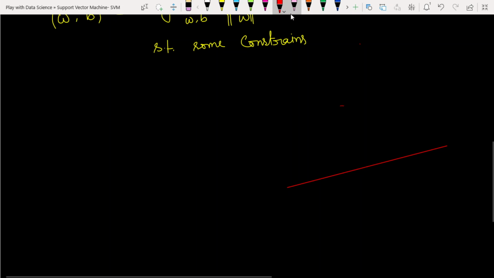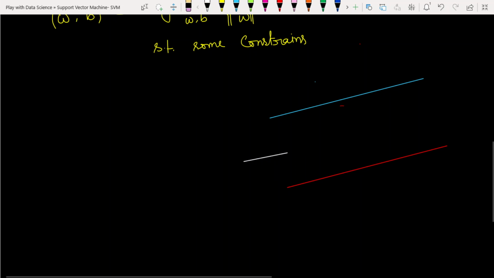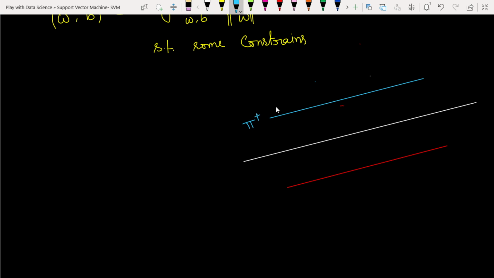I'm redrawing that again. Simple. This is our pi plus plane. This is our pi minus plane, and now I want to draw the main plane. This will be our main plane.